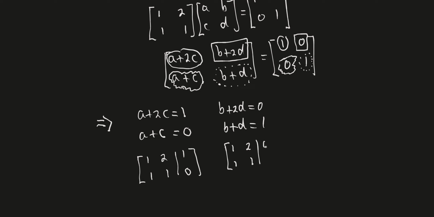And then we have a 0, 1 there. So it's kind of interesting. Look at how this works out. In order for us to figure out A, B, C, D, we need to solve 2 by 2 linear systems, but the coefficients are identical.